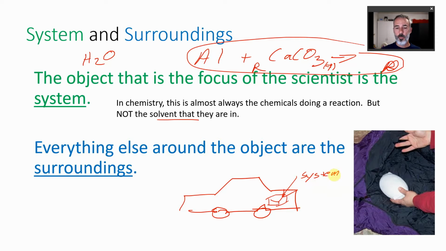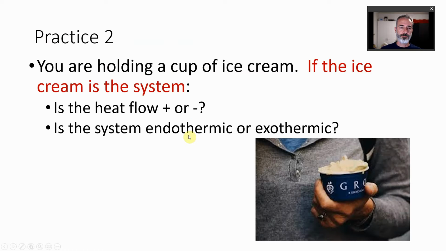But if you're an engineer meant to use the power in the battery to make the car go more efficiently, then obviously the car would be the system, and the energy would flow out of the battery into the car. So a lot of times, and this is just a little foreshadowing, the signs you learn in chemistry, very often if you go into engineering, you may find that they're switched because they're more interested in what the chemicals or the battery are powering.